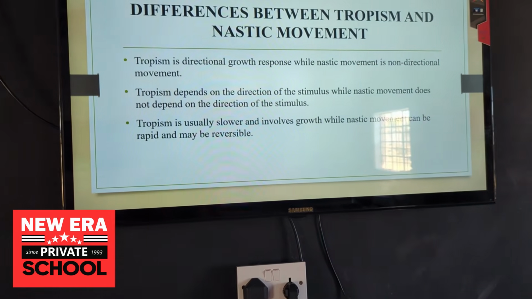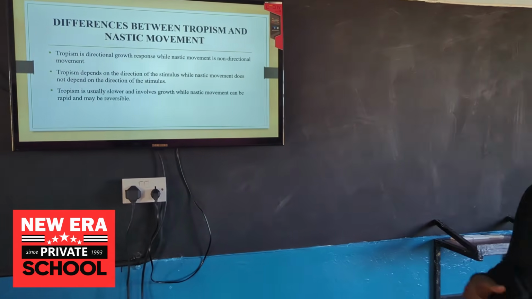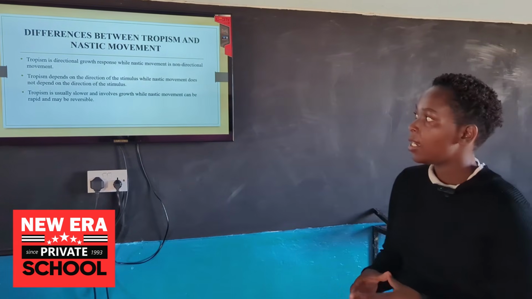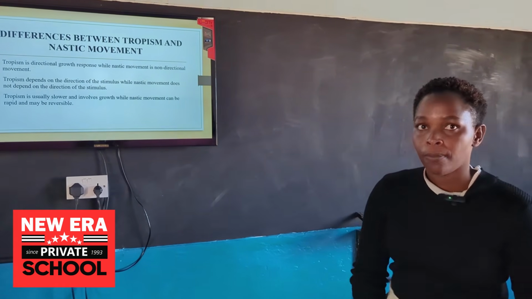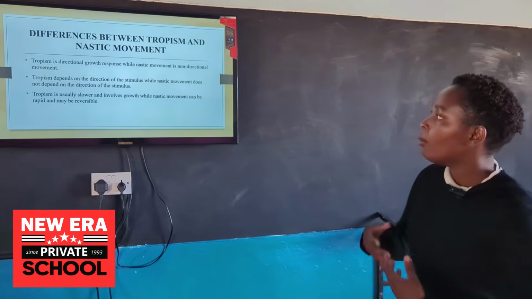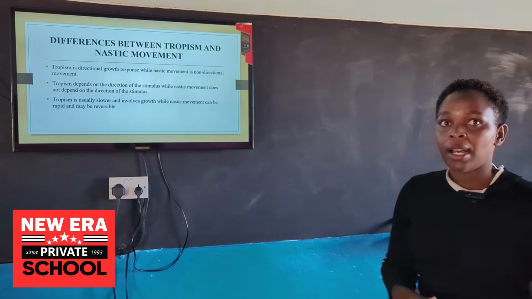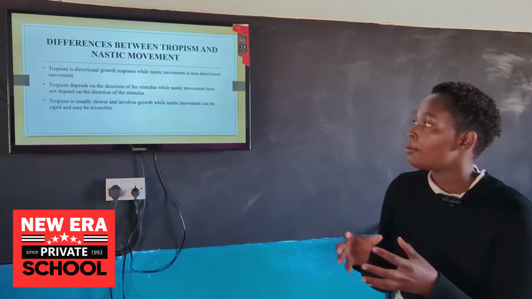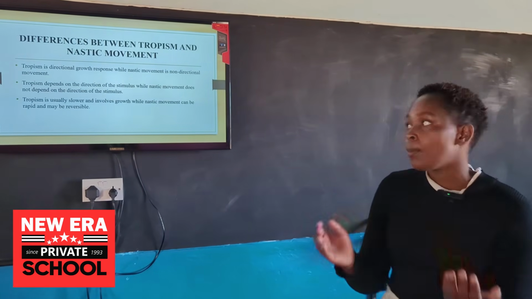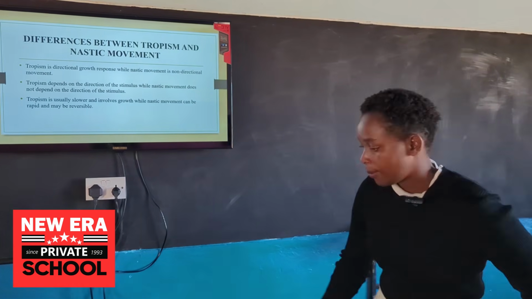Usually, tropism is slower and it involves growth, while nastic movement can be rapid and it may be reversible. A good example of reversible movement is touching of Mimosa pudica. After touching the leaves, it folds, but after some time, it goes back to the normal shape of its leaves.